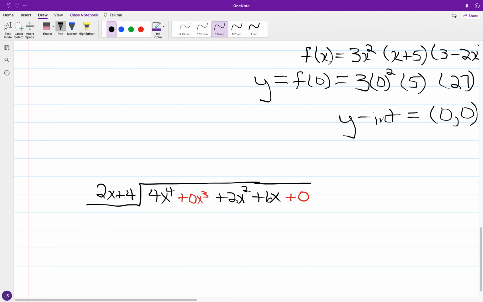Taking 2x into 4x to the 4th, this will go 2x cubed times. And distributing, 2x cubed times 2x will be 4x to the 4th, and 2x cubed times 4 will be 8x cubed.